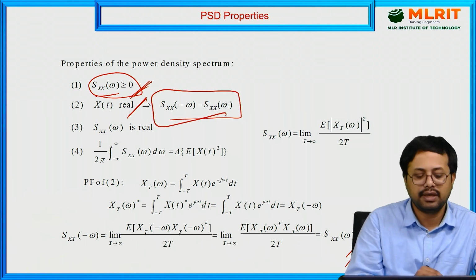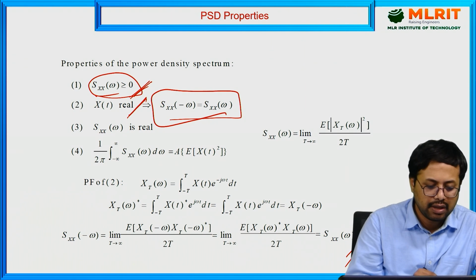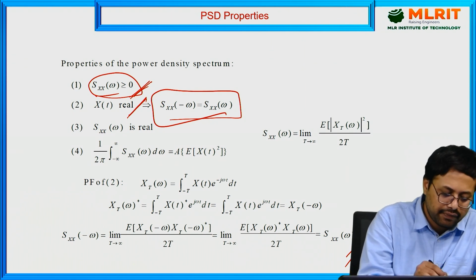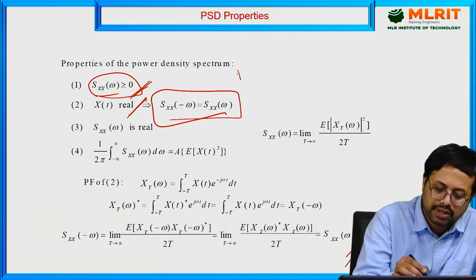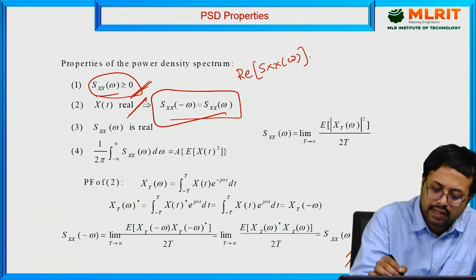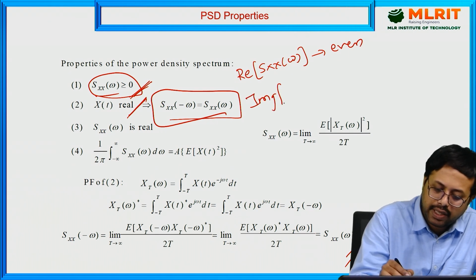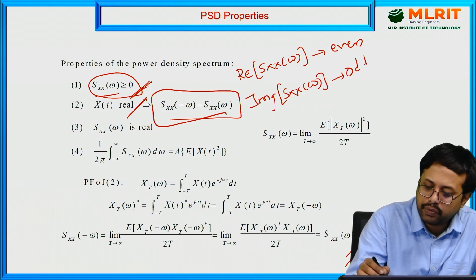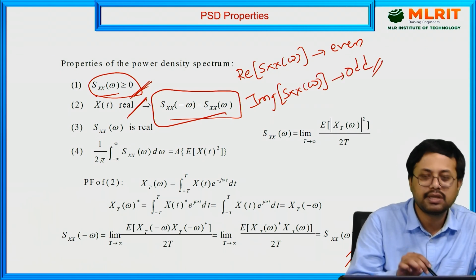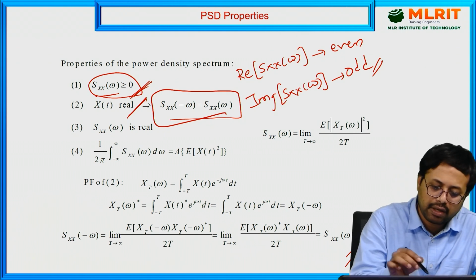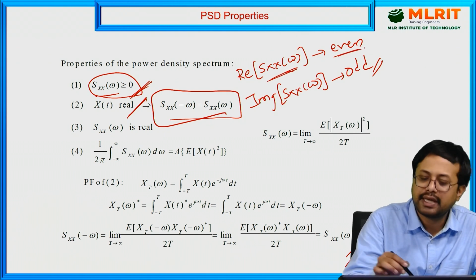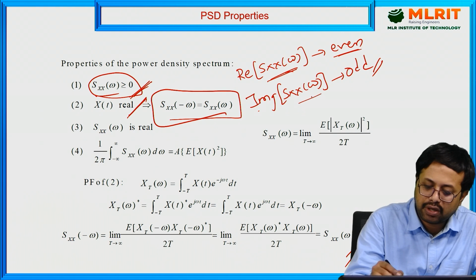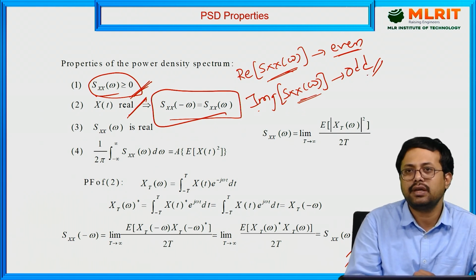Next, the real part of the power spectral density always satisfies even symmetry, and the imaginary part of the power spectral density always satisfies odd symmetry. This is the extension of the second property.